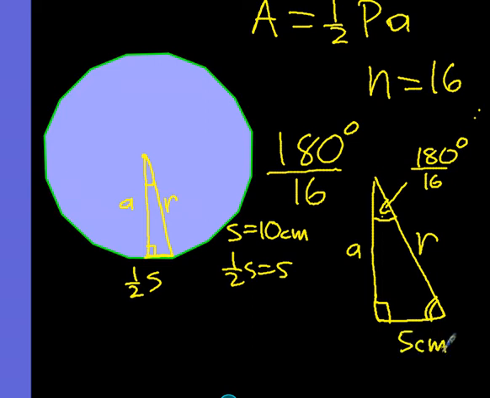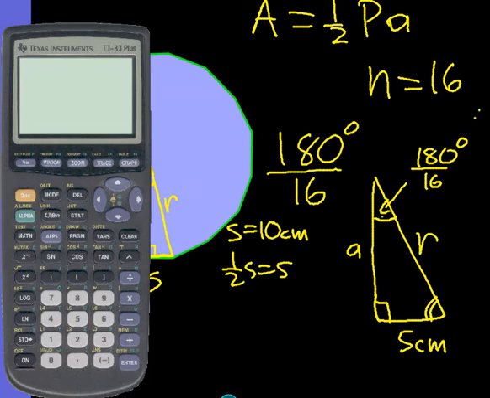180 over 16. Let's see what that is. I'm going to pull the calculator out, and the reason is I'm going to be doing trig on it anyway, so I might as well just save the work. 180 divided by 16 is 11.25. That's that angle. I need to know the apothem.